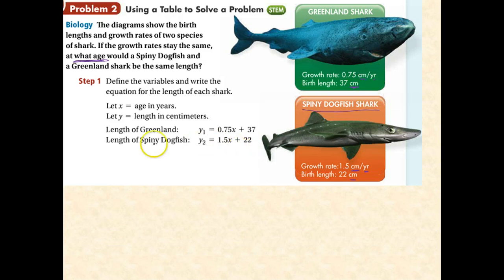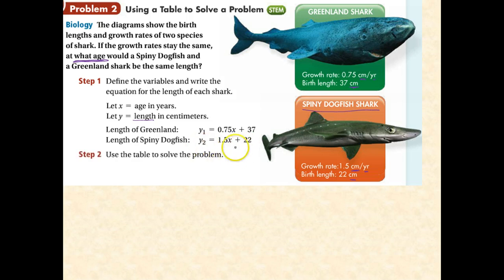Then let's say y1 is the length of the Greenland shark. So that's 0.75 centimeters per year times the number of years plus the birth length, which was 37 centimeters. y2 is 1.5 centimeters per year times the number of years plus the birth length of 22 centimeters.